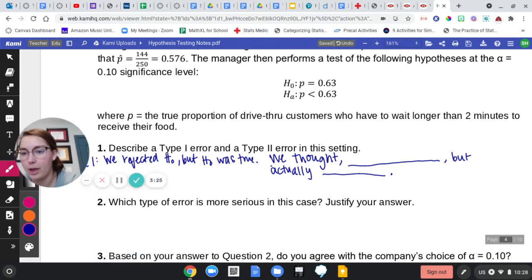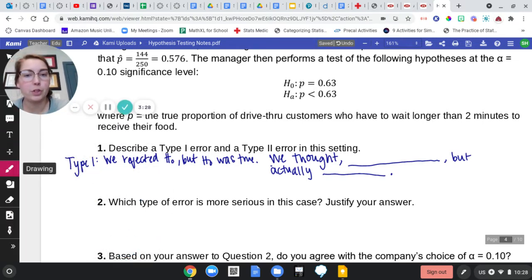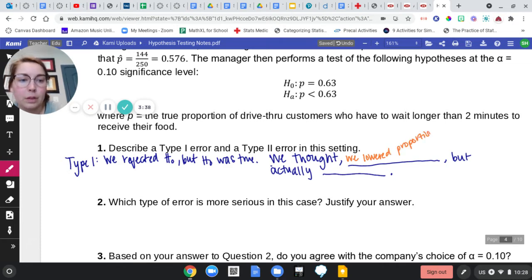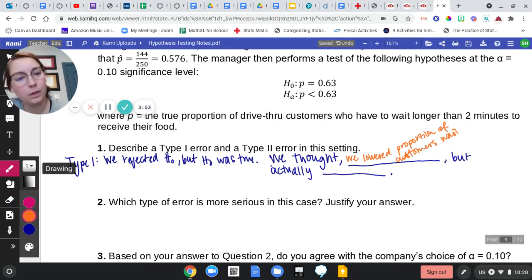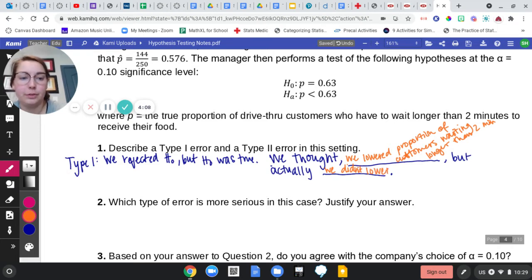So let's fill in what we thought versus what actually happened. We thought we lowered the proportion of customers waiting longer than 2 minutes, but actually we didn't lower the proportion.